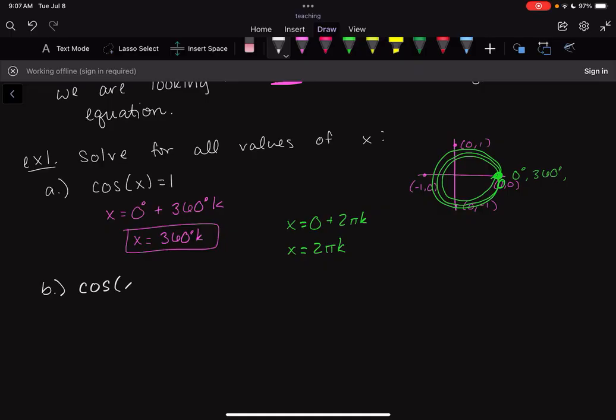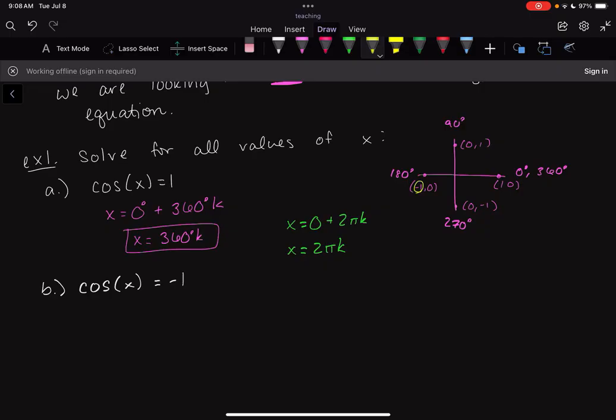Let's do cosine x equals -1. So again, I'm going to come over here and look at my unit circle. Let me go ahead and draw all the angles on here. So I got 0, 360, up here would be 90, over here 180, and down here 270. And so remember that cosine corresponds with the x coordinate.